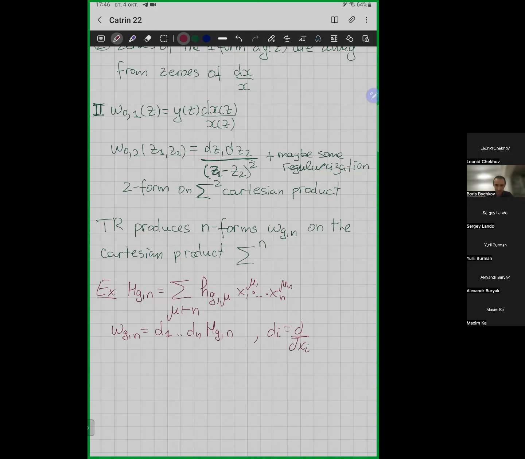It's like a usual differentiation. And this omega_{g,n} is probably just dx_i. Yes, it's not a form. It's just a notation. Where is the form?